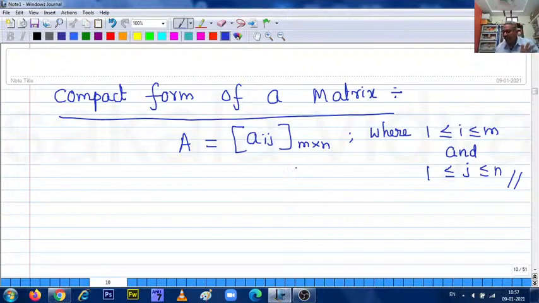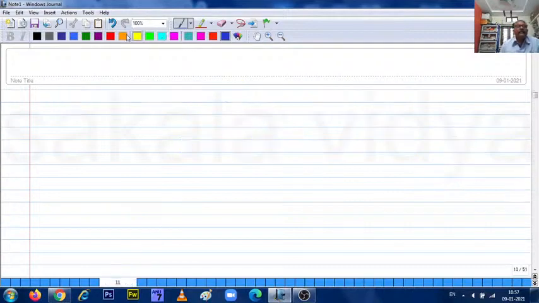With the help of the compact form of a matrix, we can prepare as many matrices as we like. Okay, one example I will discuss.